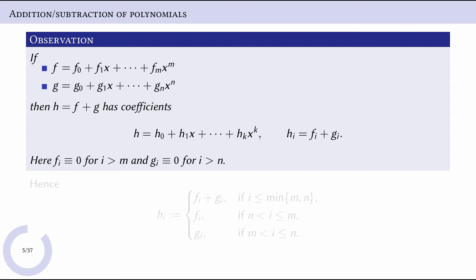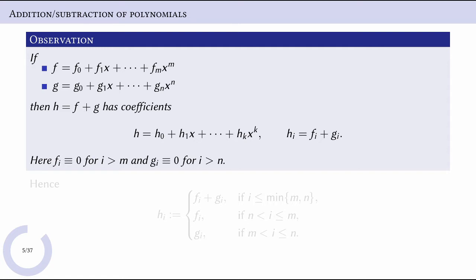Of course, if the degrees of these two polynomials do not agree, so if one of the degrees is less than the other, then we just treat the missing coefficients as equal to 0 by definition.